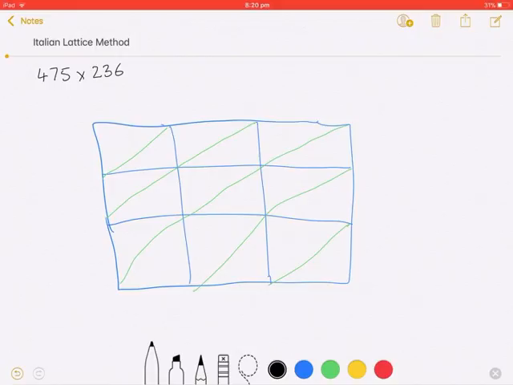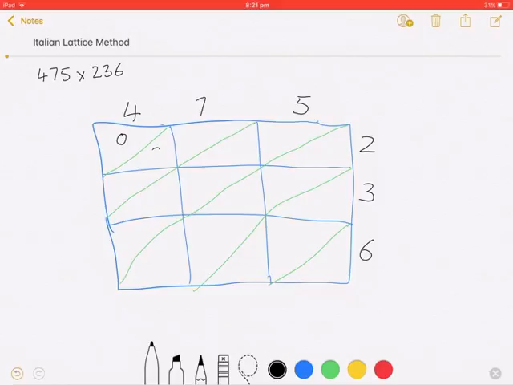So we write 475 times 236. Same process as before. To work out what goes in this box here, I do 4 times 2, which is 8.